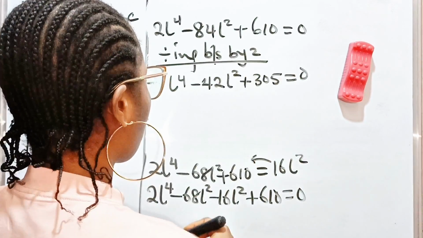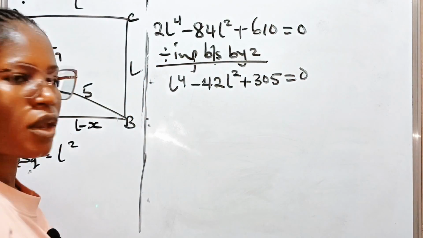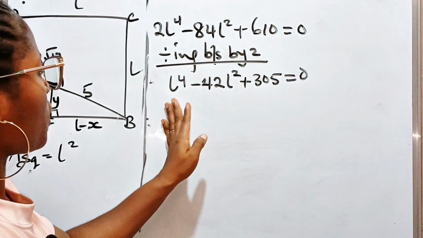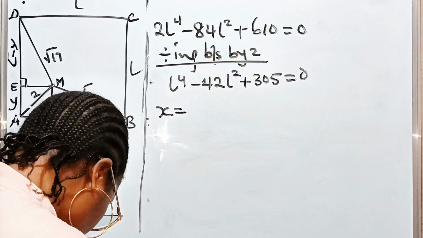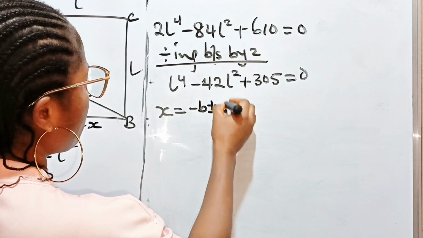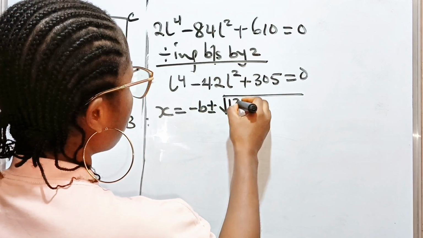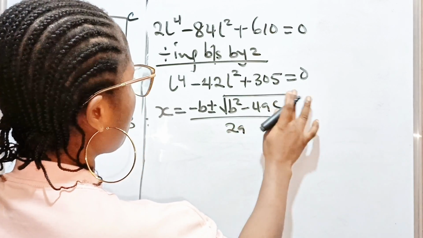Is equal to 0. Now we are going to solve this using the quadratic equation formula. So the quadratic equation formula states that x is equal to minus b plus or minus square root of b squared minus 4ac, everything divided by 2a.